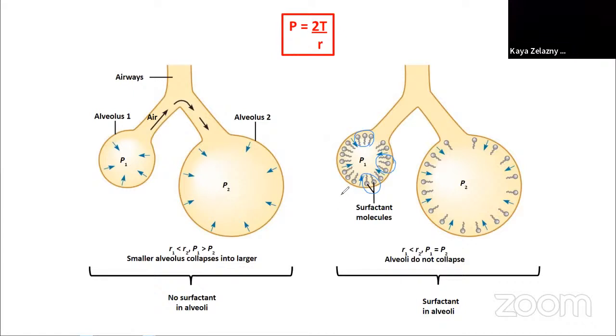And it is also true that the smaller alveoli have more surfactant in order to compensate for their small size. So this equation theoretically explains this relationship.